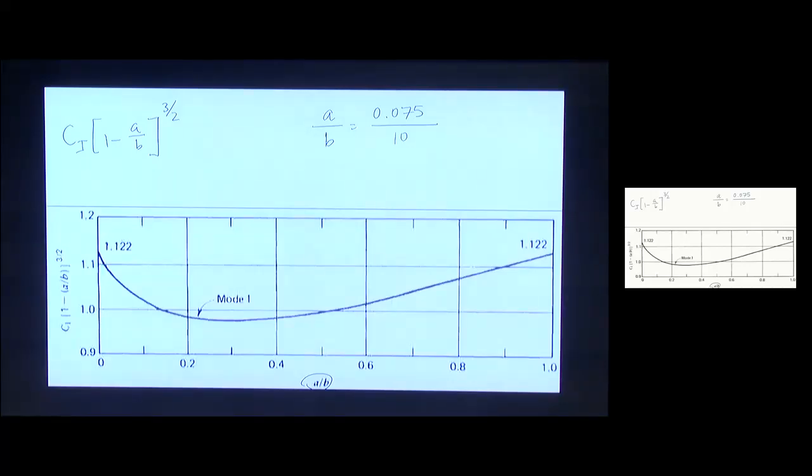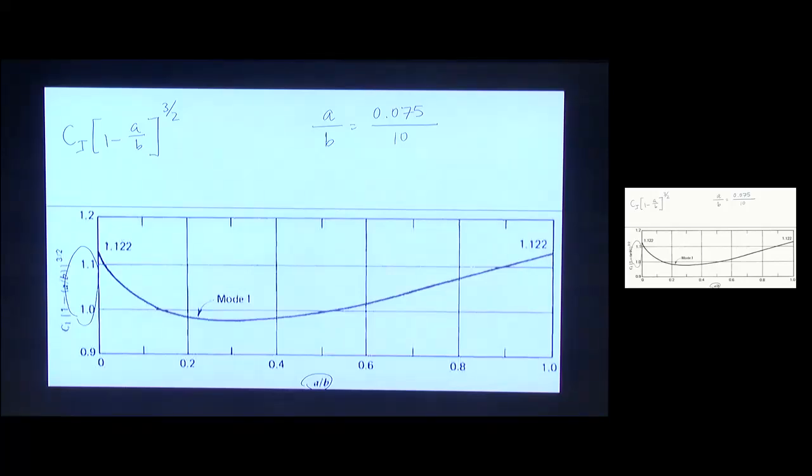And if you look at the chart a little bit more closely, you're going to see that on the y-axis here, this correction factor is pretty small. So for all values of A over B from 0 to 1, which means no crack to the crack goes all the way through, this quantity on the y-axis basically goes between 0.97 at the minimum and then 1.122.